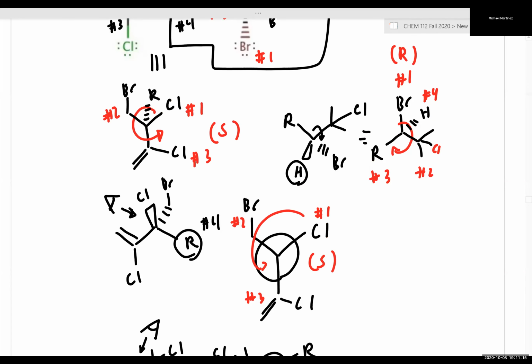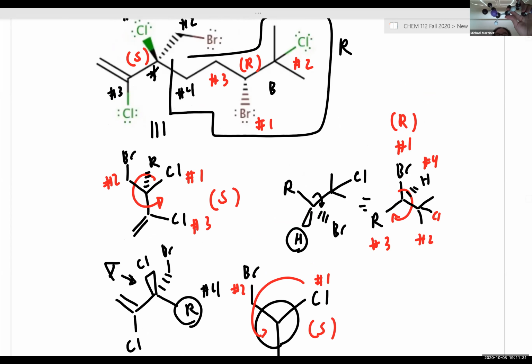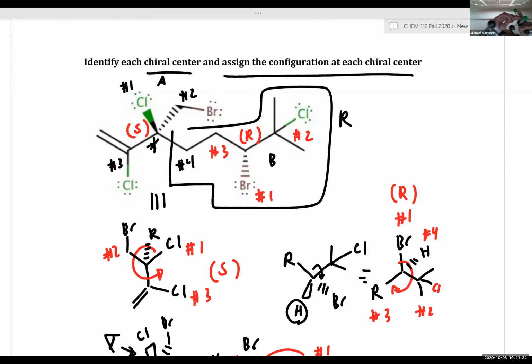So let's look at the model kit again for the second stereocenter, just to be sure that we have this completely assigned. Okay, so we have our bromide.